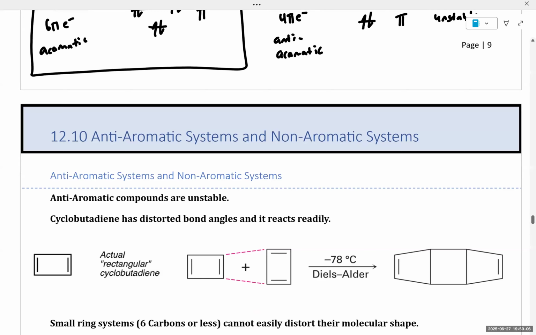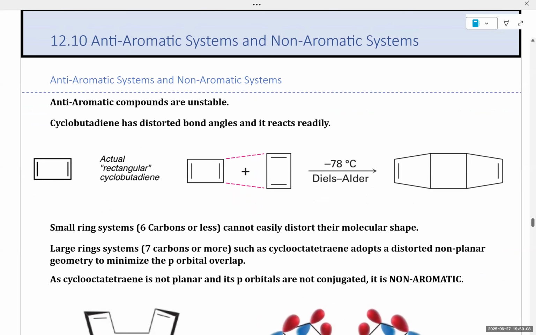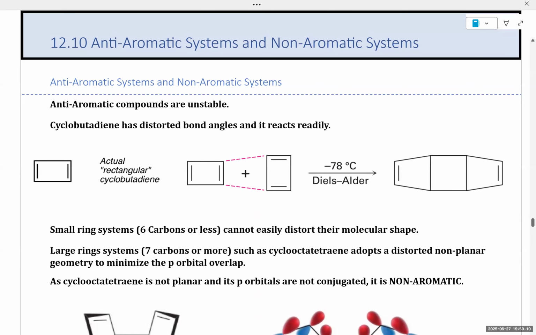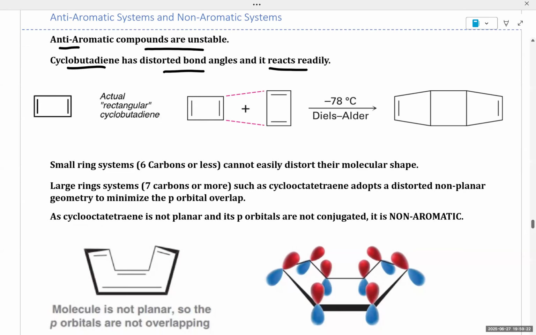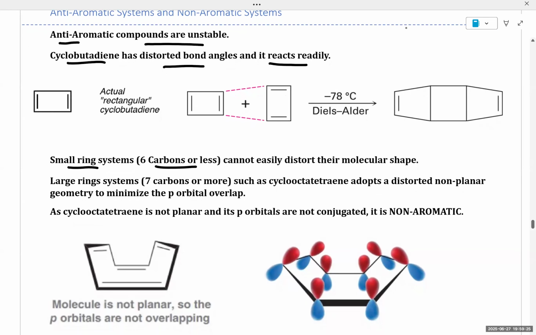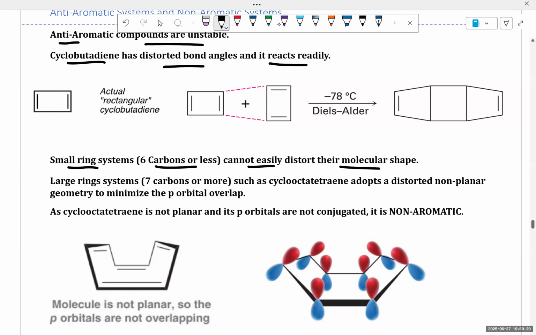Okay, let's talk a little bit about antiaromatic systems and non-aromatic systems. So antiaromatic compounds are unstable. Cyclobutadiene has distorted bond angles and it reacts readily, in part because it's antiaromatic. Small ring systems, 6 carbons or less, cannot easily distort their molecular shape.